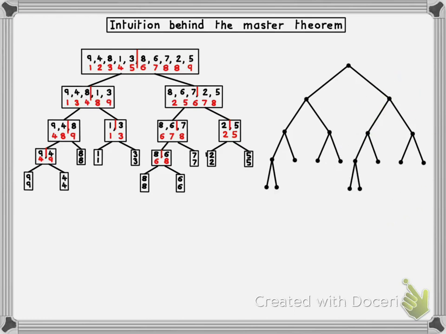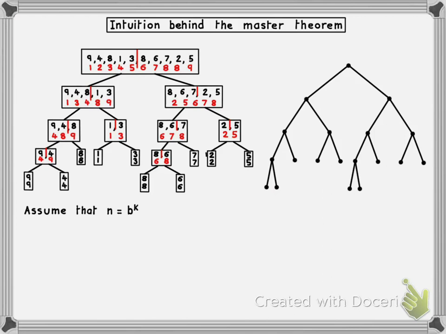So to avoid this asymmetry in the tree, we're going to assume that the initial length of the input sequence is a power of b. What this means is every time we divide by b at each level, we're going to guarantee that we have sequences of equal length.